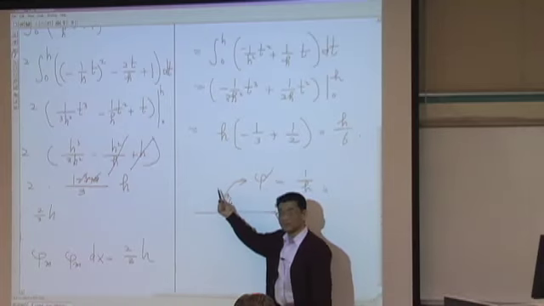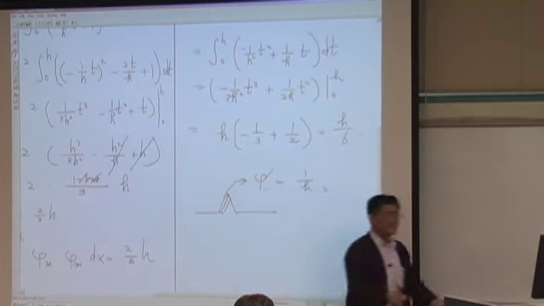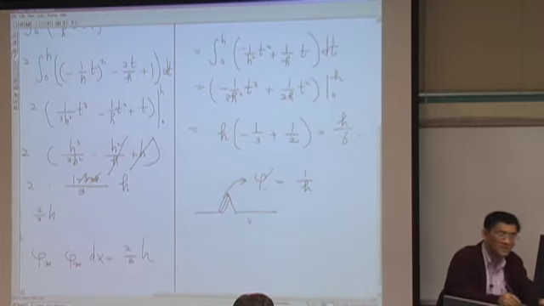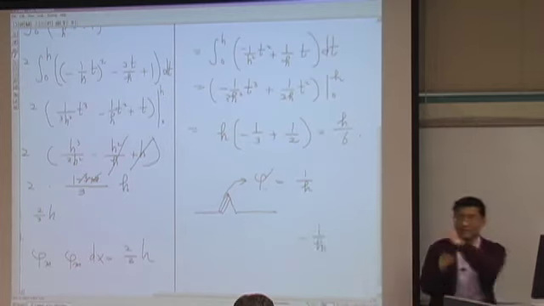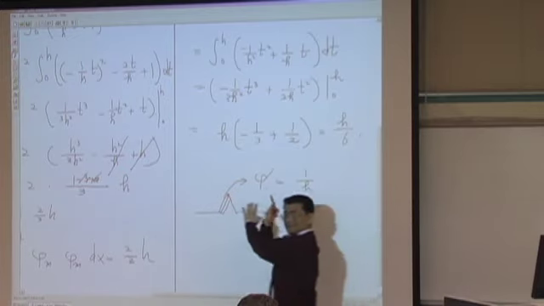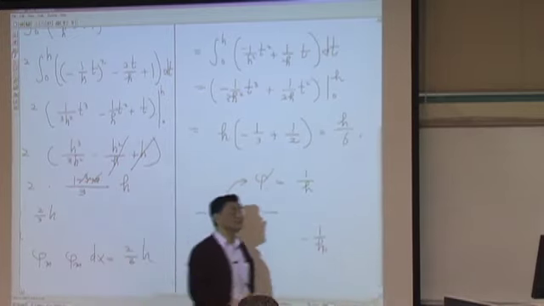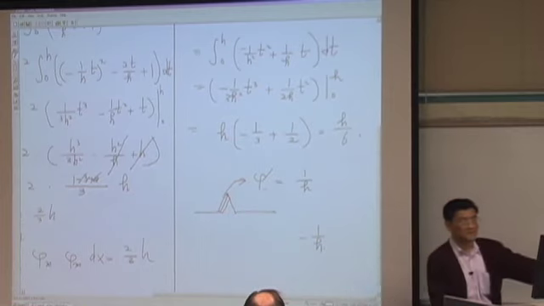The other way is also easy, right? The other slope around the other area is minus 1 over h. So let's write down those things systematically.